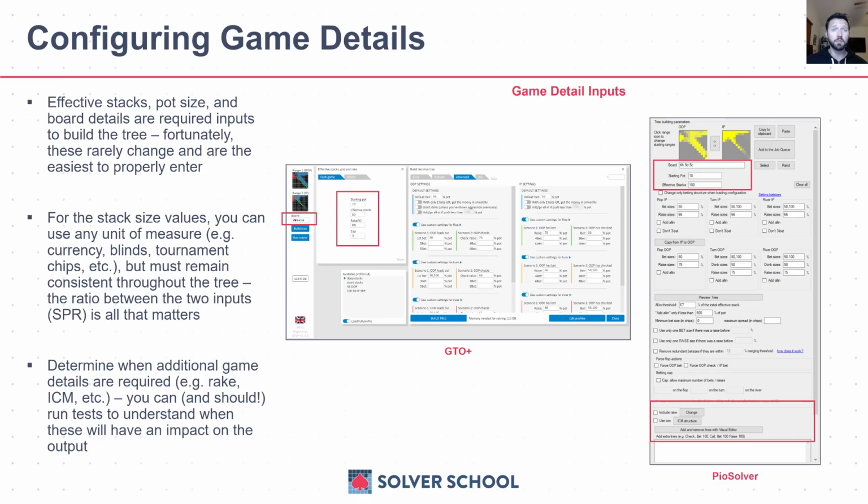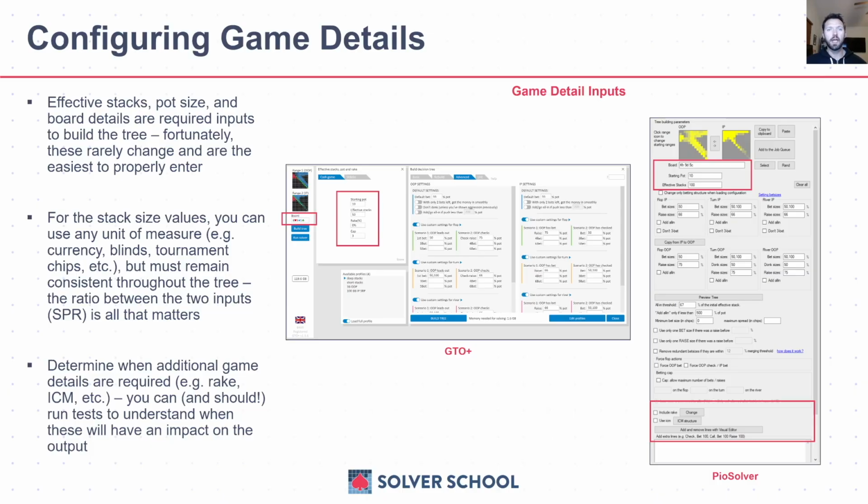A good example of this might be a 1-2 or a 2-5 game that you might find in your local casino where they're taking $6, $7, up to $8 out of an individual pot, and each pot might only be $40 or $50. Well, rake is a significant portion of that pot size and is going to have an impact in the optimal hands that we should choose to play as it relates to range construction.